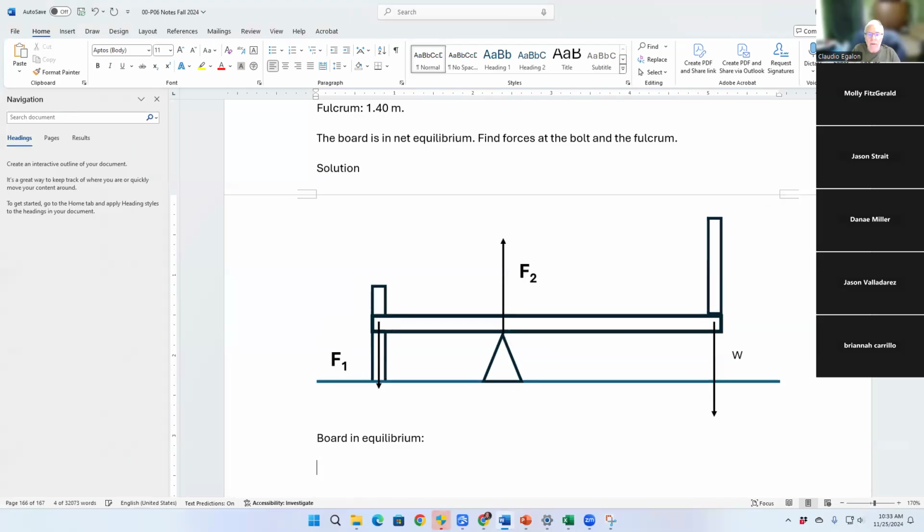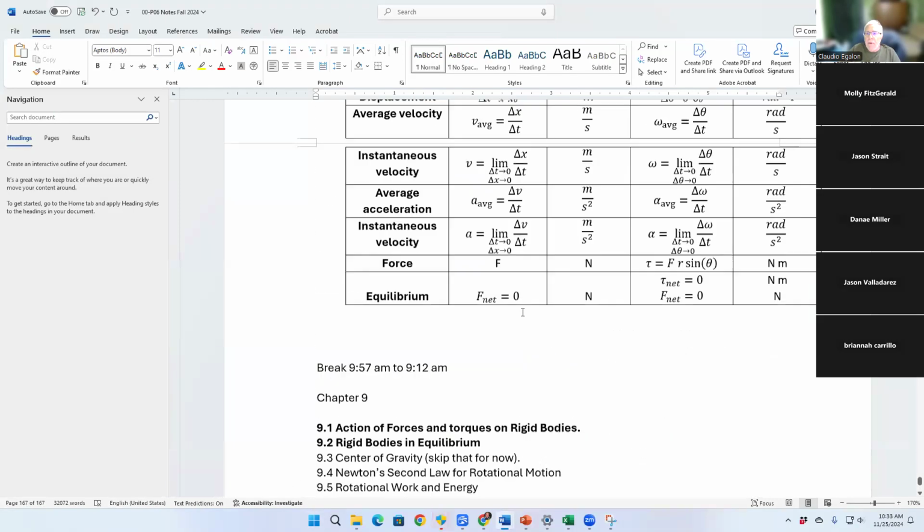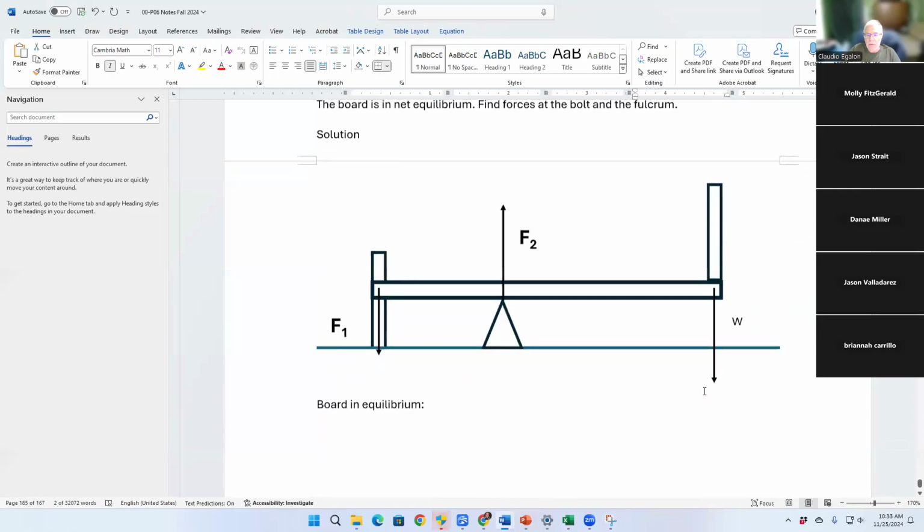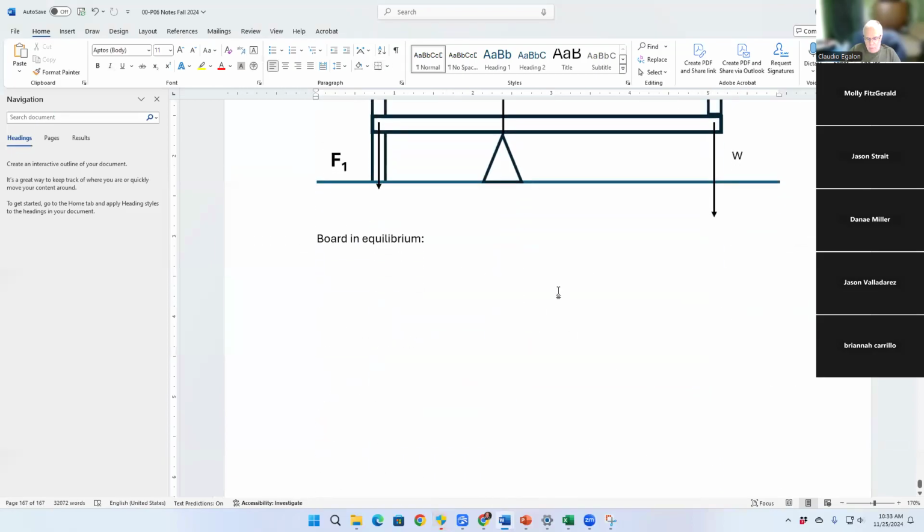Right? What does it mean? Board in equilibrium. I can copy what I have here. Net force is equal to 0. Net torque is equal to 0. I want to put the net force equal to 0 at the top because it's a more familiar concept, right?